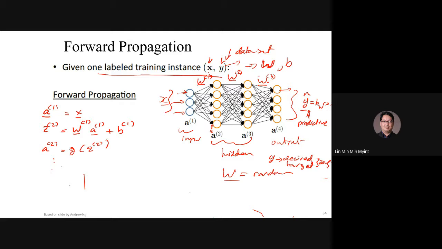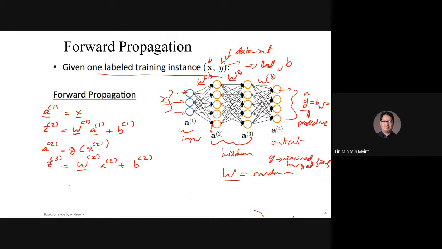We can also calculate Z3, which means W2 multiplied with A2 plus B2.